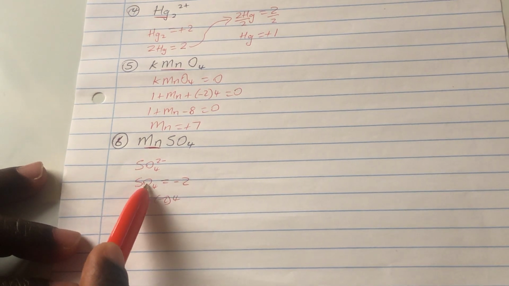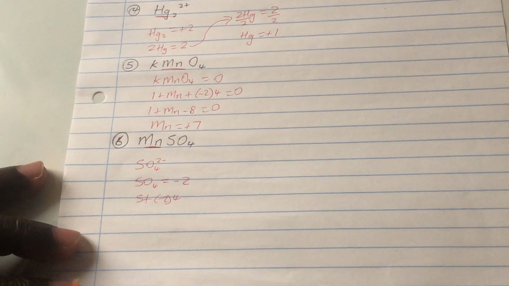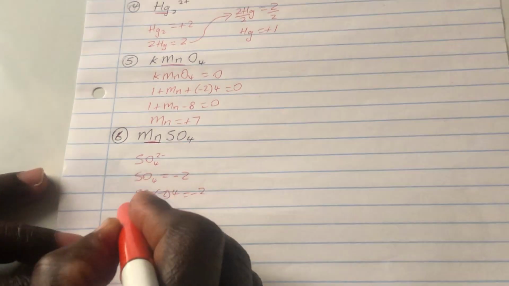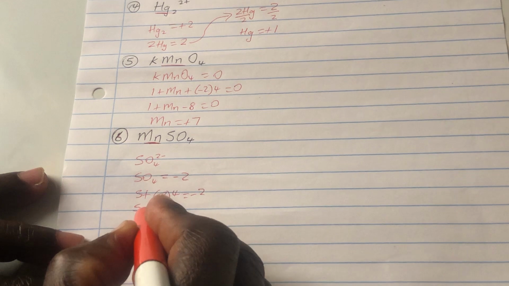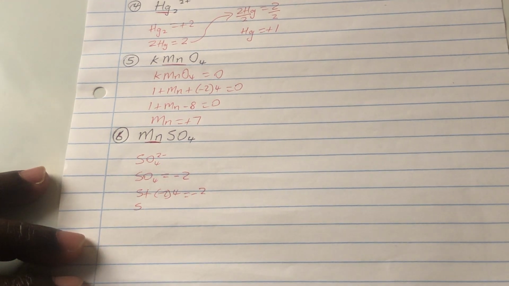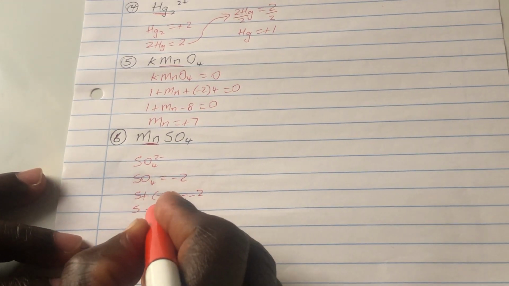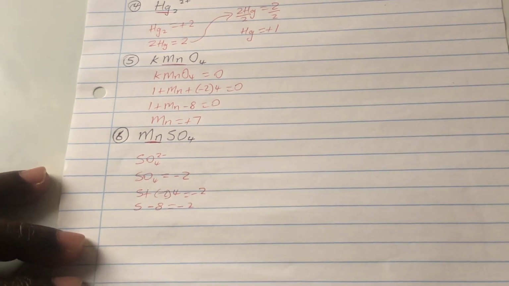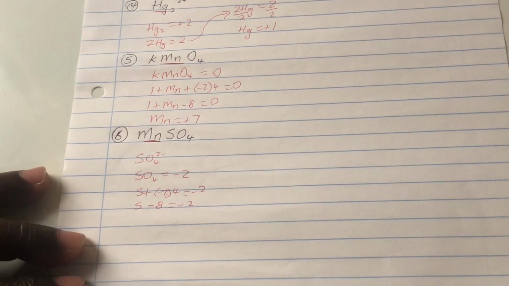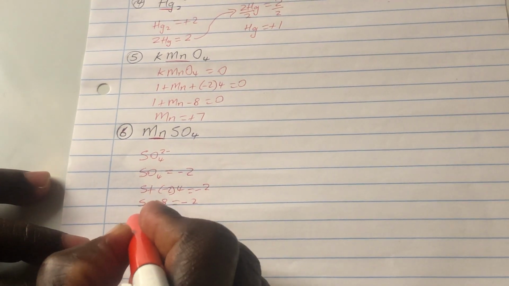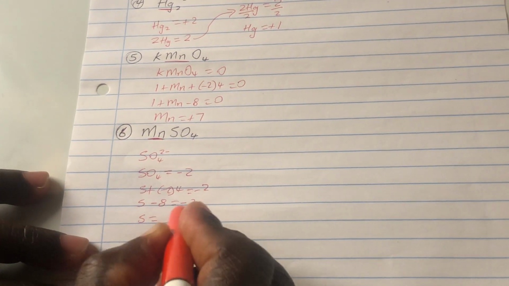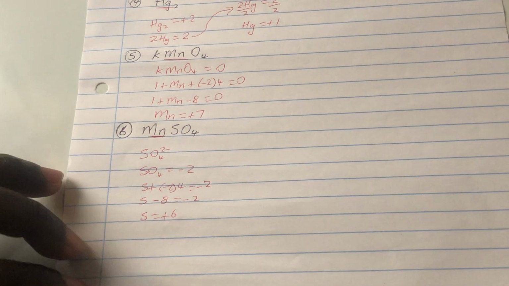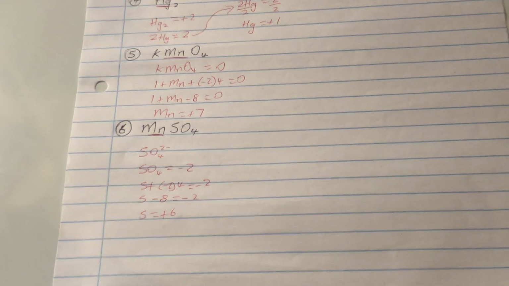Minus 2 is the oxidation number of oxygen times this 4, equals minus 2. S minus 2 times 4 is minus 8, equals minus 2. Then we take minus 8 to the other side. We'll have S equals plus 6. Our S is plus 6.